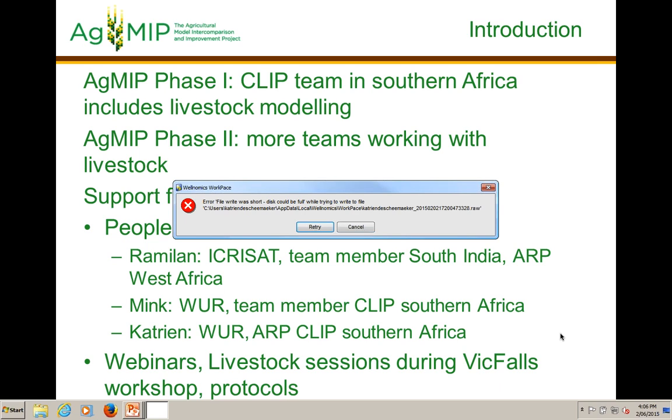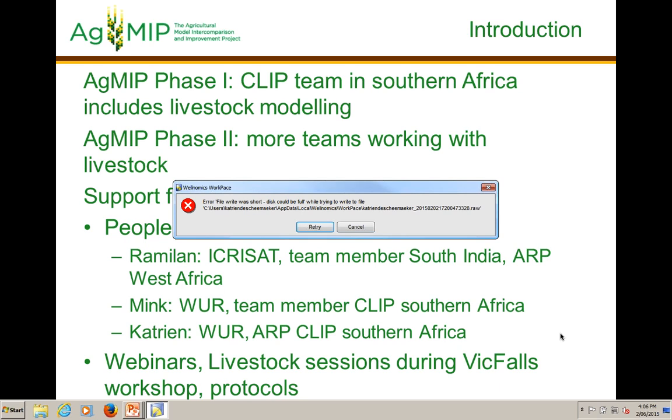Okay, so let's get started. So a bit of an introduction. In AgMIP phase 1, there was actually one team, the CLIP team, which is working in Southern Africa, that included livestock modeling in their integrated analysis.